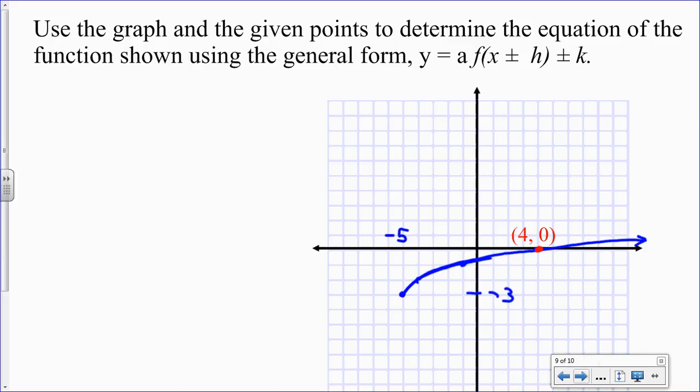Alright, so this form here looks confusing because of this f and x, but it's this form because that means for any type of function. So our first step is to just identify the function. So what is the parent function? Square root. So I have to know the shapes of my parent function so I can identify them on a graph.